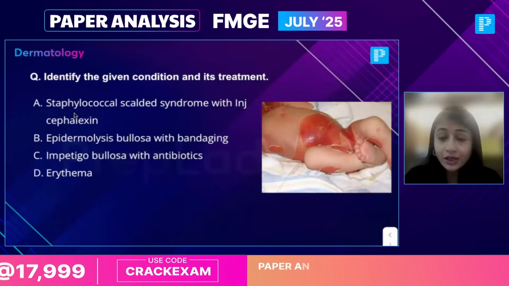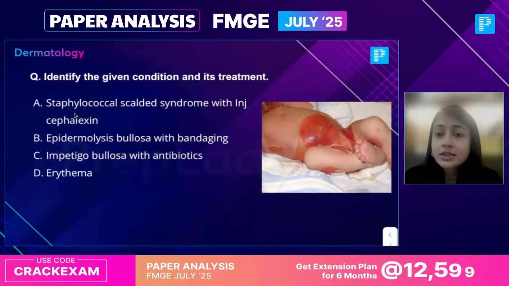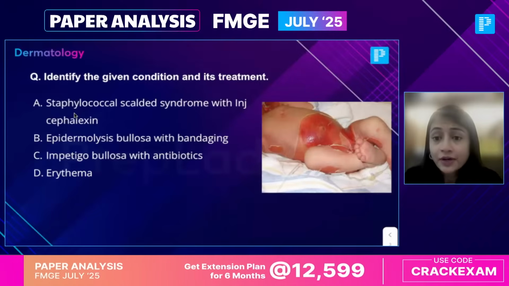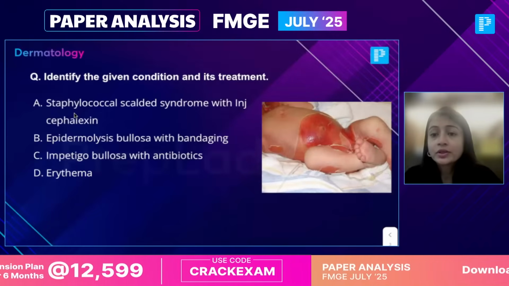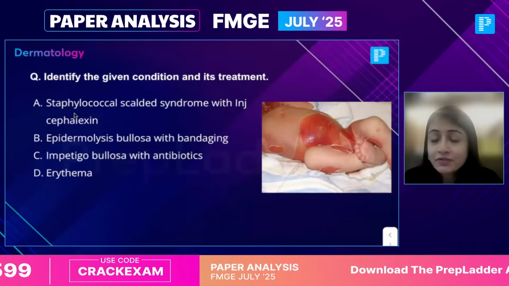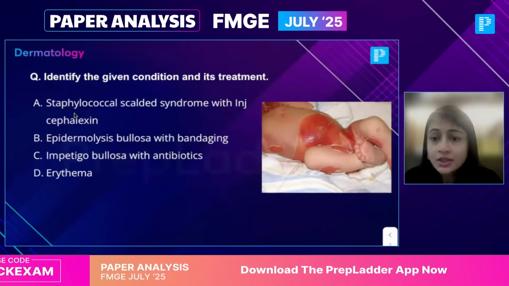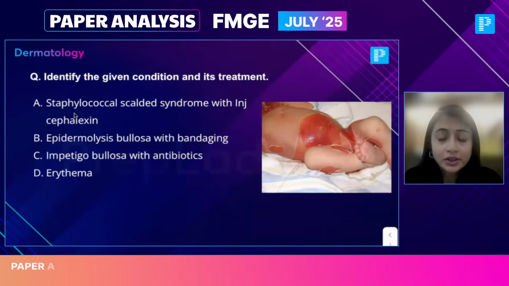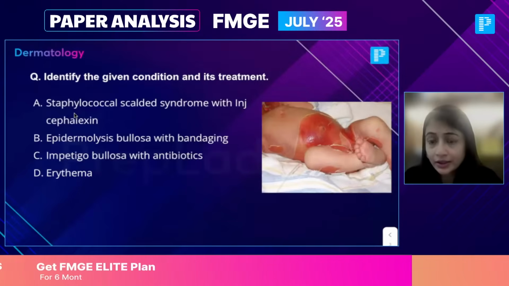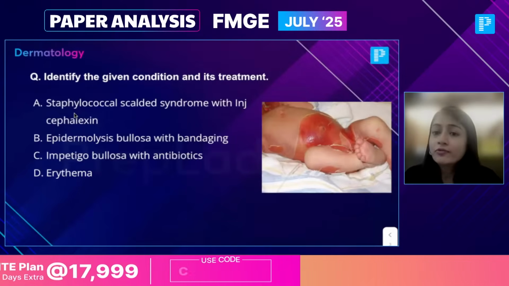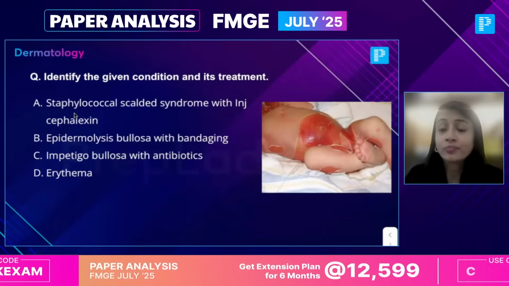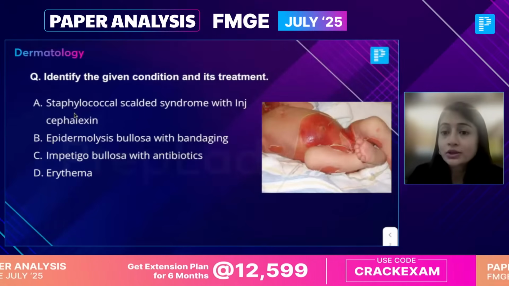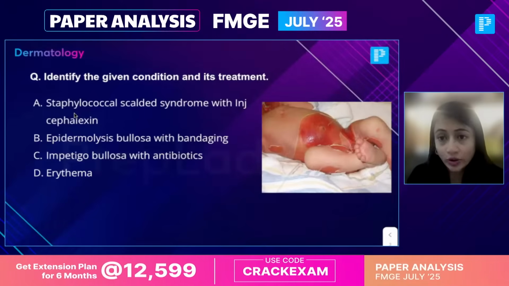If I look at the options, it's clearly a case of staphylococcal scalded skin syndrome. We have studied SSSS, which is seen in infants and neonates. There is usually a focus of bacterial infection somewhere, from where the bacterial toxins go into the bloodstream, and this leads to a toxin-mediated rash on the skin.